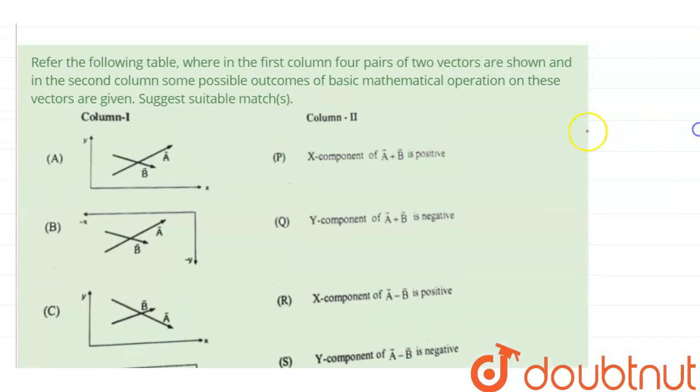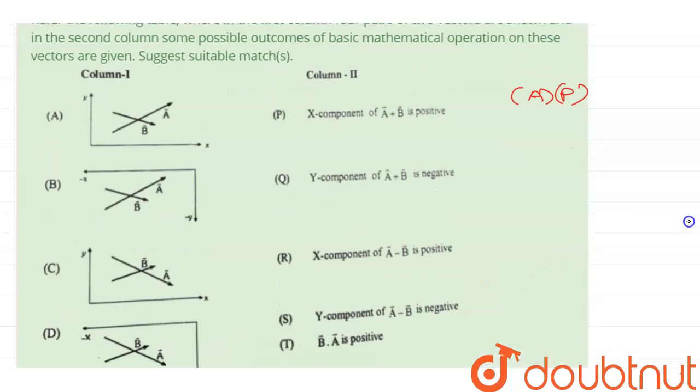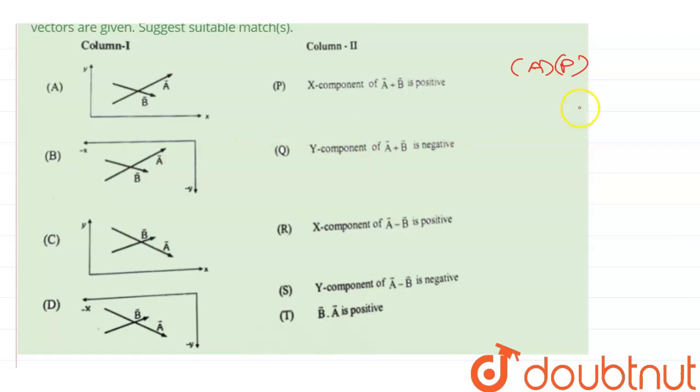So for A, x component of A plus B is positive. That means for A, option P is correct. Y component is also positive. So okay. So for A, option P is correct.